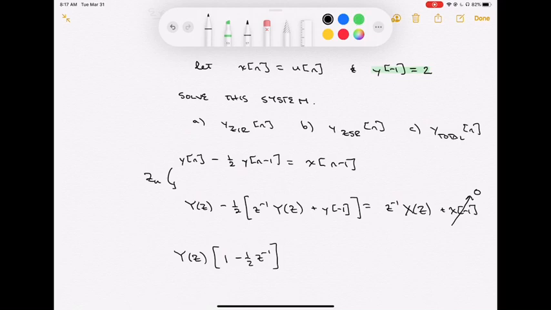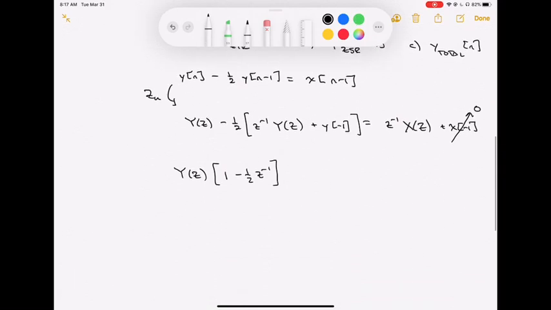I'm going to make a substitution of that right now. So I had my y of minus 1, that's going to be 2, and that's going to get weighted by a minus 1/2. So 2 times minus 1/2 is going to be a minus 1. So I can put my minus 1 in there.